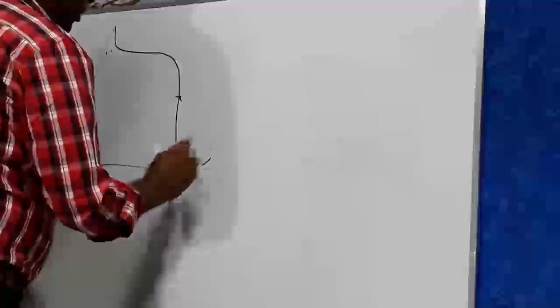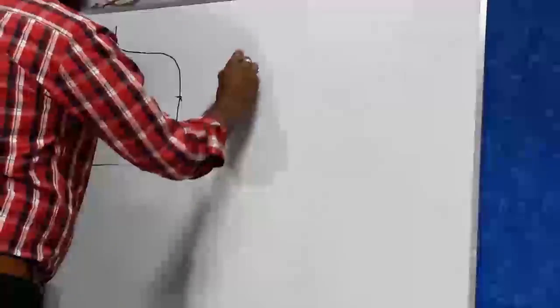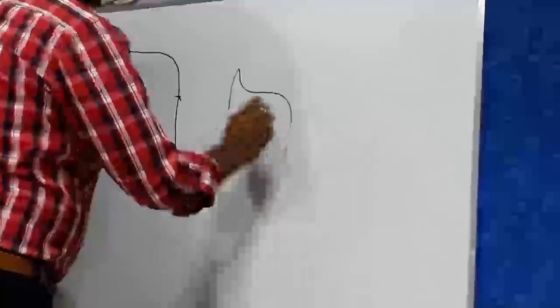Or it may happen in the late phase, before reaching this, and this is called the late after depolarization. These are some of the things responsible for generation of cardiac arrhythmias.